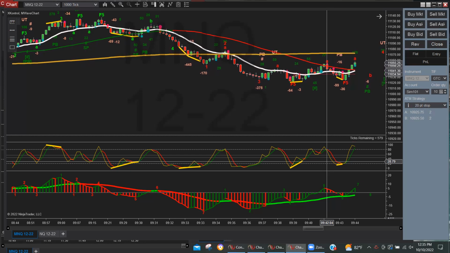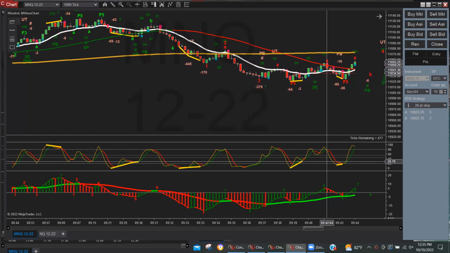Now, based on the amount of money you have in your account, you can trade more contracts. Gotcha. Yeah. So, let me just give you a guideline on that.